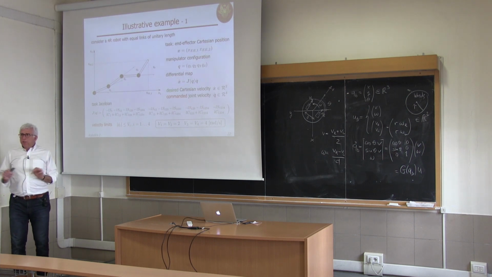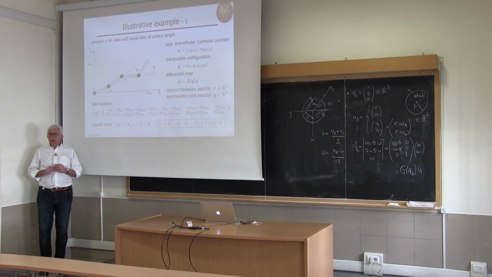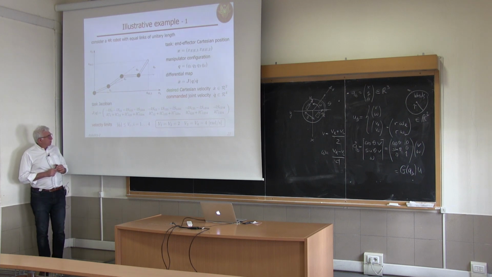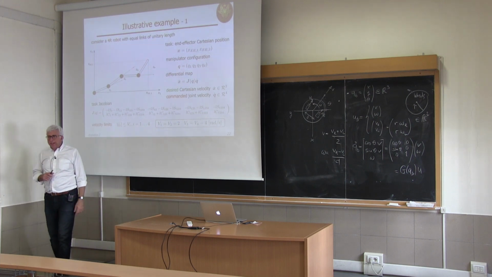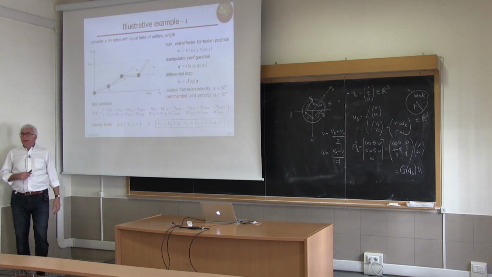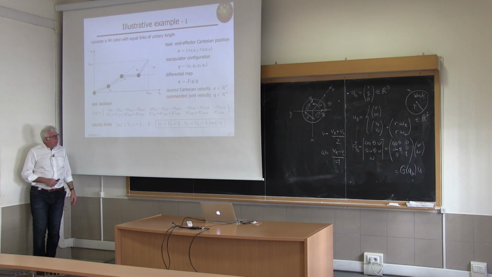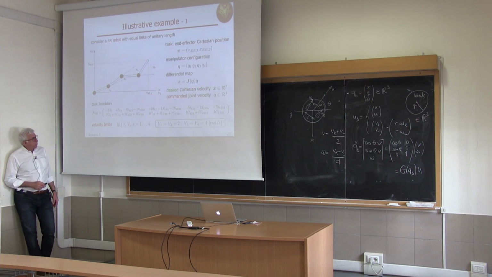In this case, I'm considering the simplest situation of box constraint only on the joint velocity commands. So all are bounded. The first joint and the second joint have a maximum of 2 radians per second. The third and fourth joint, which move less mass in a sense, have larger velocity limits equal to 4.